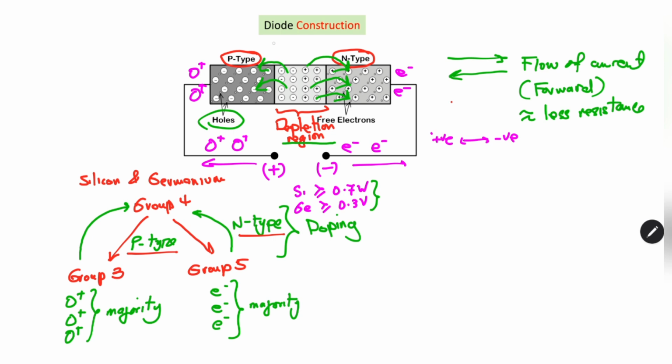So you can see that it is mostly about the interaction between the holes and the electrons in the n-type and p-type with the depletion region. Without the movement of the holes and electrons in the depletion region, this barrier will have high resistance, which will not facilitate any flow of current.